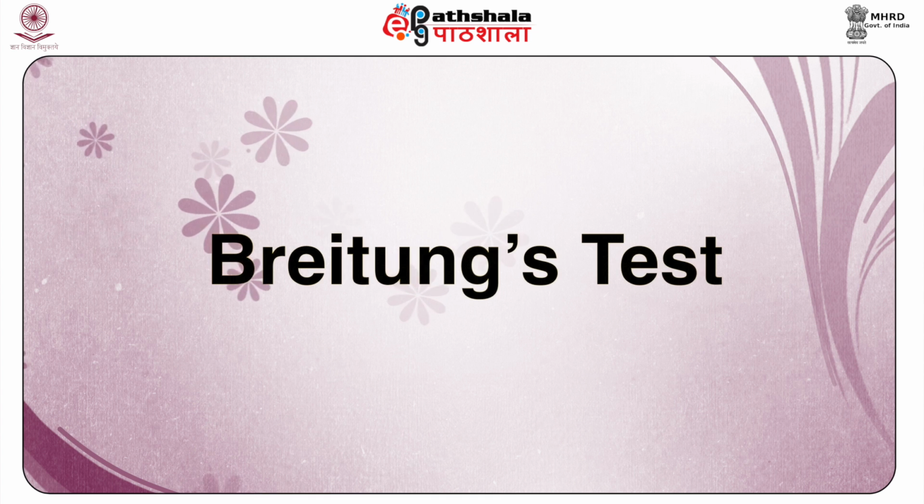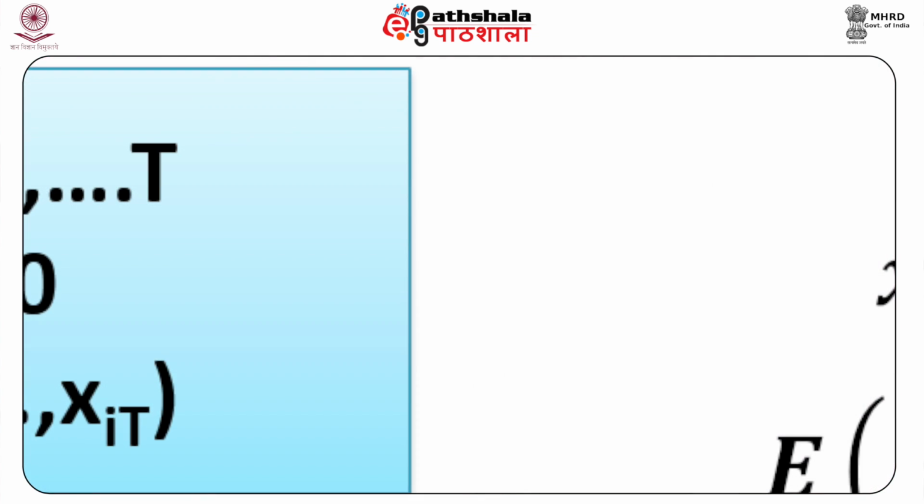Third, Breitung's test. Both LLC and IPS tests require N, that is cross sections, to be small enough relative to T. This is because both tests may not keep nominal size well when either cross sections is small or N is large relative to T. Breitung in 2000 studies the local power of the Levin, Lin and Chu test and IPS test statistics against a sequence of local alternatives.